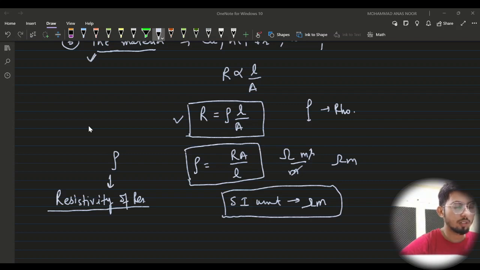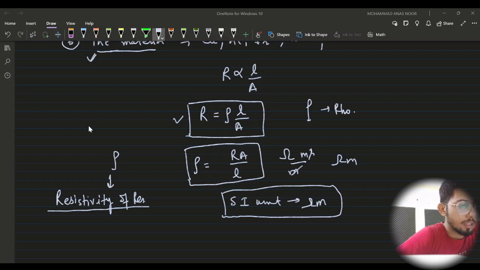Now you can see in table 3.1 the different materials and their resistivity depicted with a value. Silver, copper, aluminium are all metals and good conductors of electricity. These have a low resistivity, of the order of 10 to the power minus 8.